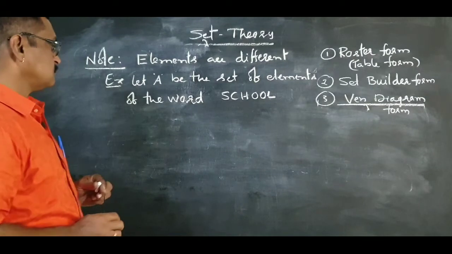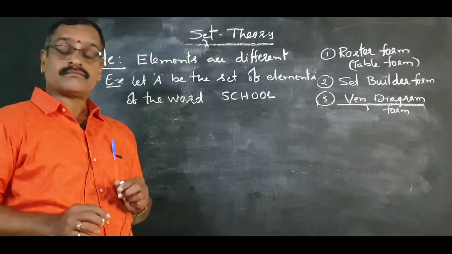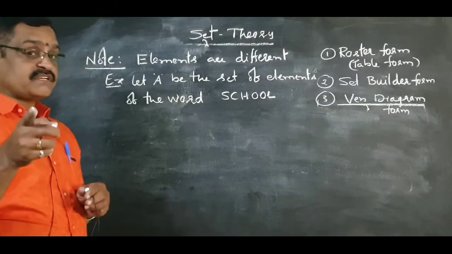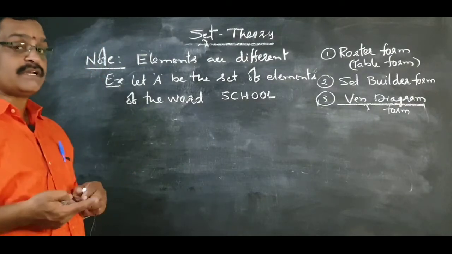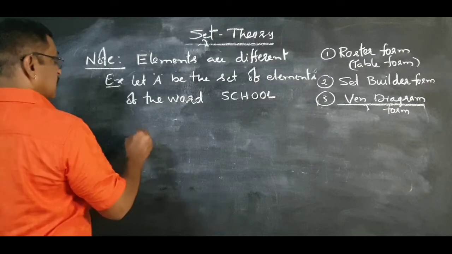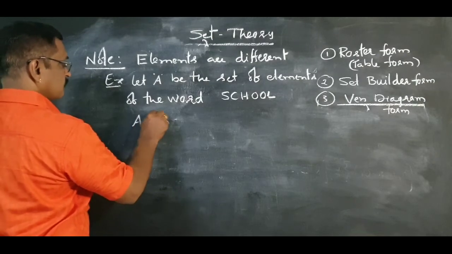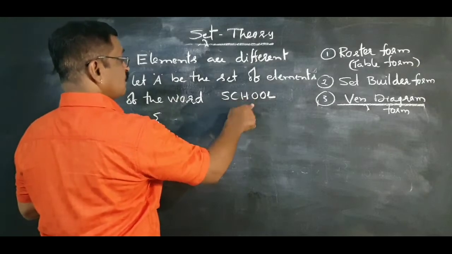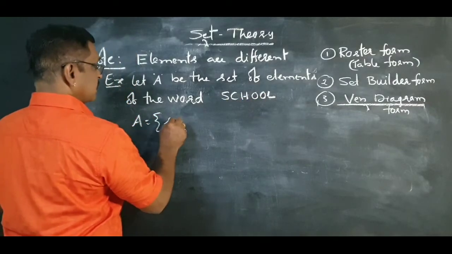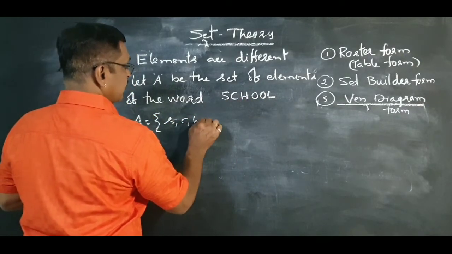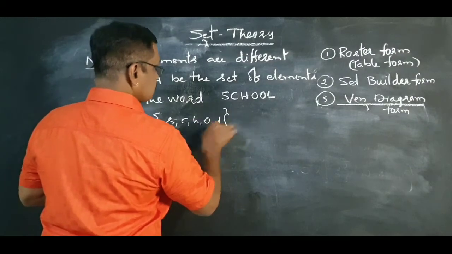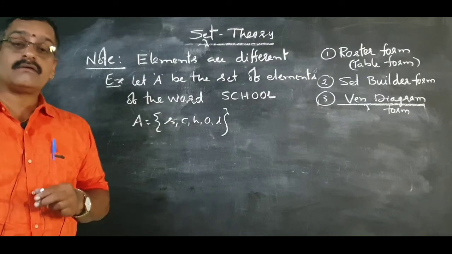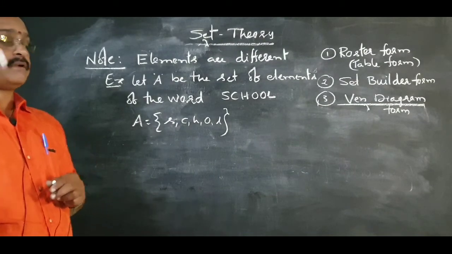Here I have 6 letters and 2 are repeating. While representing the elements of this word in roster form, I write A is equal to {S, C, H, O, L}. All the elements are different.